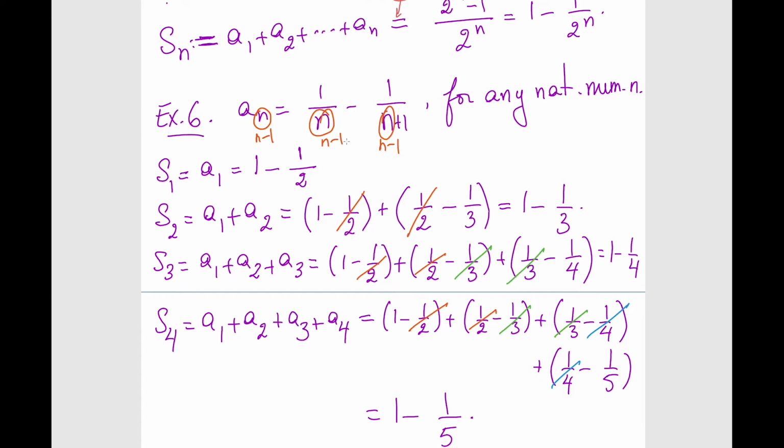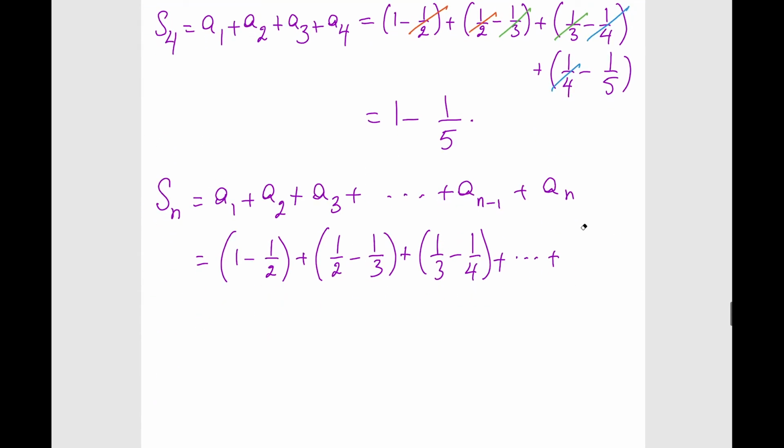All right, let me erase these. So down here, I'm going to paste the n minus first term right here. So this is the n minus first term, right?